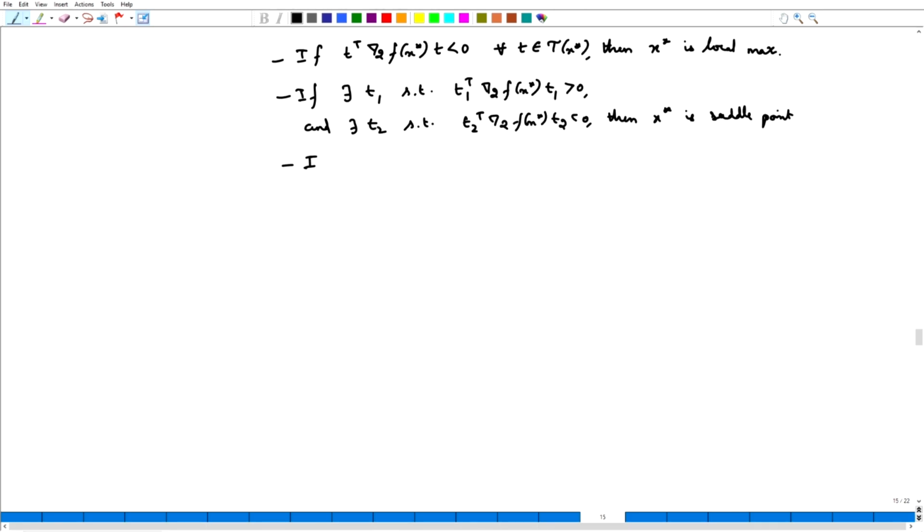And finally, if there exists t in T of x star such that t transpose del 2 f of x star t is equal to 0, then further probe is needed.